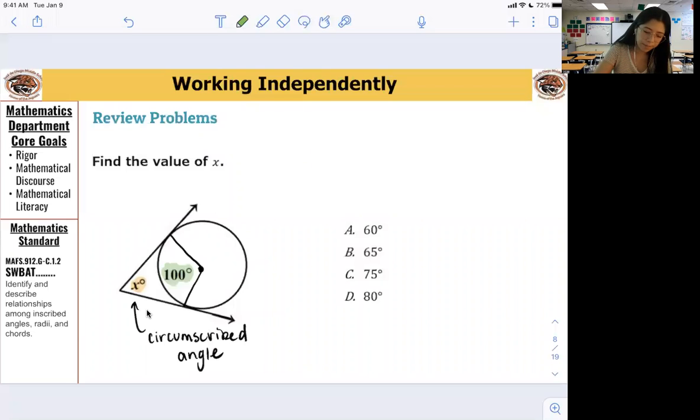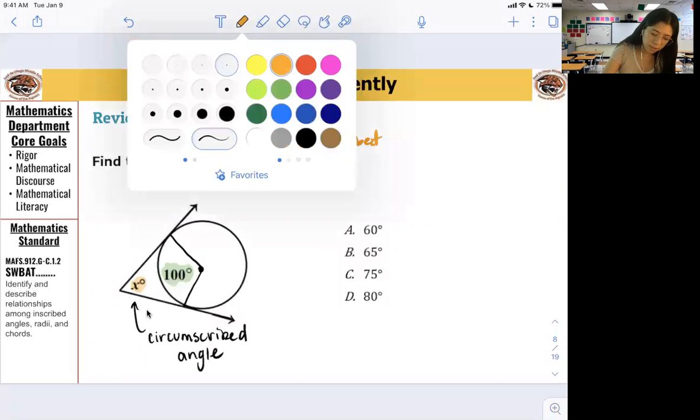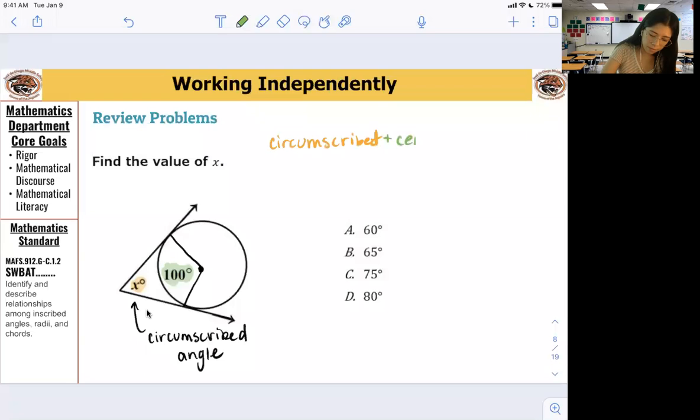They are supplementary. Supplementary. So the circumscribed angle plus the central angle add up to 180.